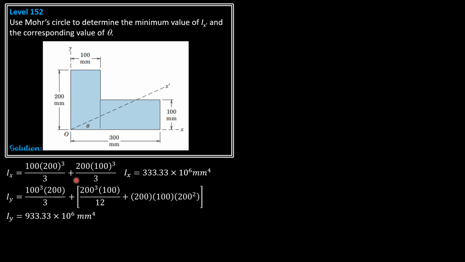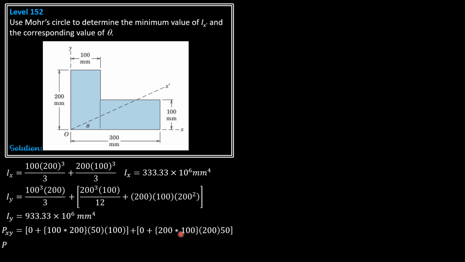Then for the product of inertia, for the first rectangle with respect to the centroid 0 plus area, which is 100 times 200, barred x is 50 and barred y is 200. Then plus the other rectangle, with respect to the centroid 0 plus area, which is 200 times 100, barred x 200, barred y 50.